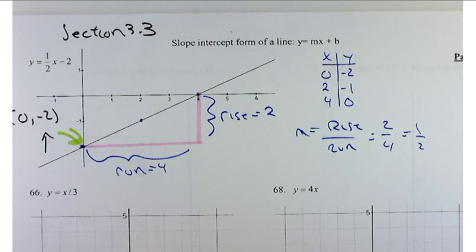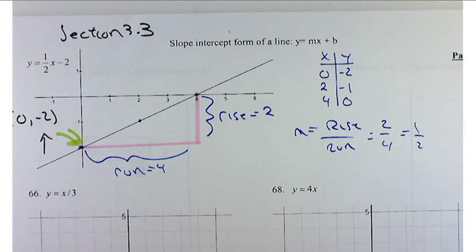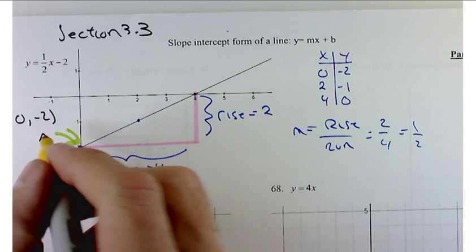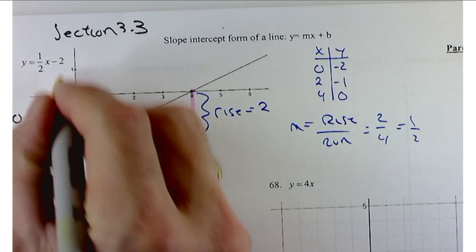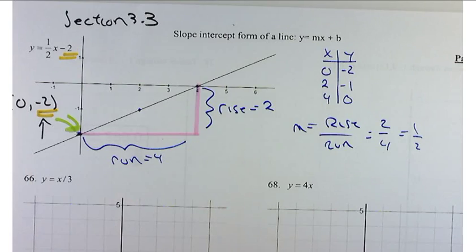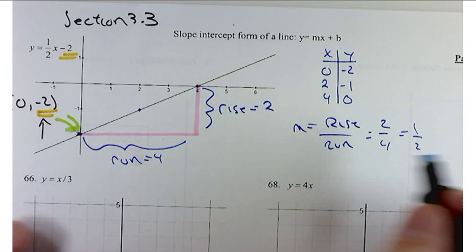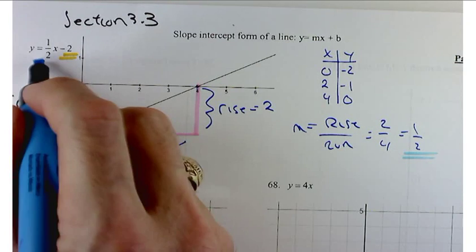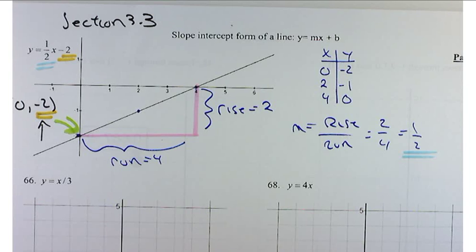Well, there's really two coincidences here that I want to draw your attention to. One is that the y-intercept is negative 2, and negative 2 is there in our equation. The other is the slope, 1/2. 1/2 is also in our equation. Do you think those are just coincidences?